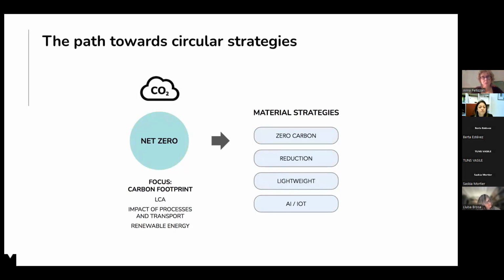Lightweight is super important, especially for the transport sector: automotive, buses, trains, boats, etc. And then the use also of AI and IoT to trace and to calculate.